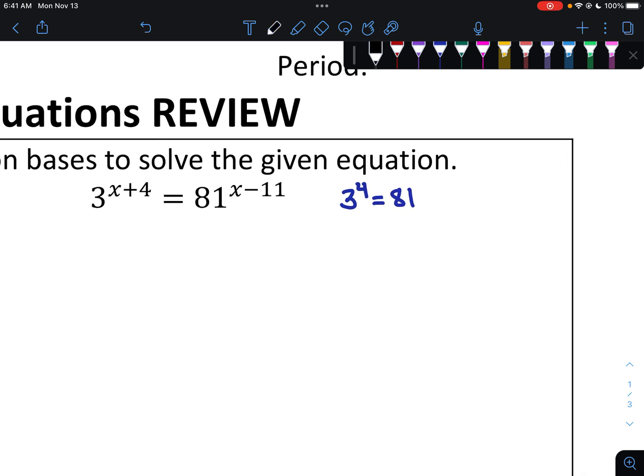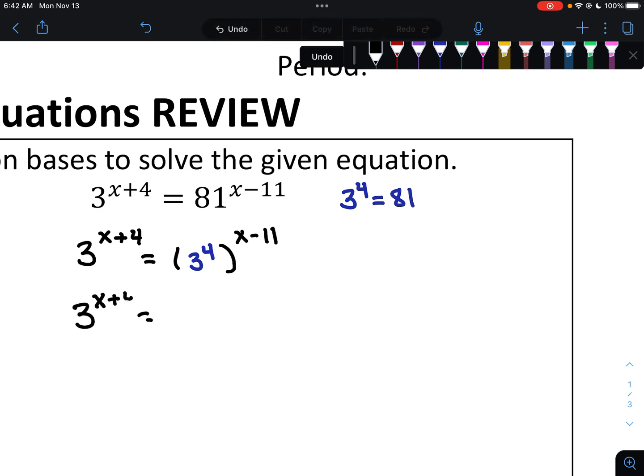So we're going to rewrite them. This left side stays the same. This right side is going to change to be 3 to the 4th power. Now remember, when we have a power to a power, we end up multiplying. So that would be 4 times 11, or x minus 11.